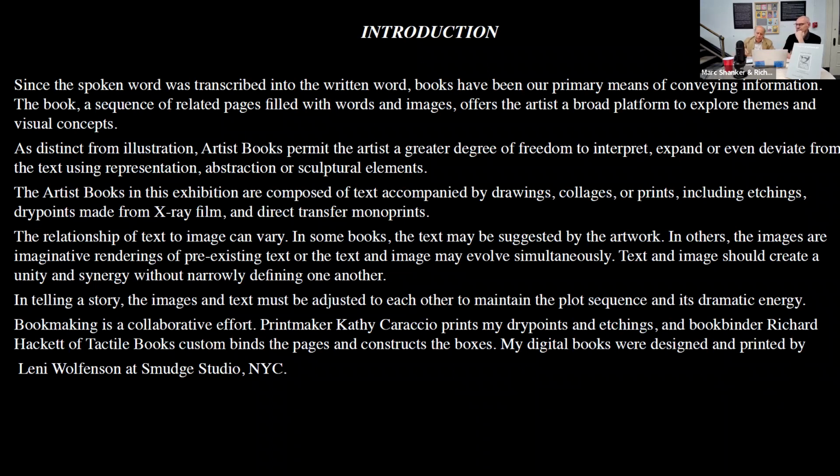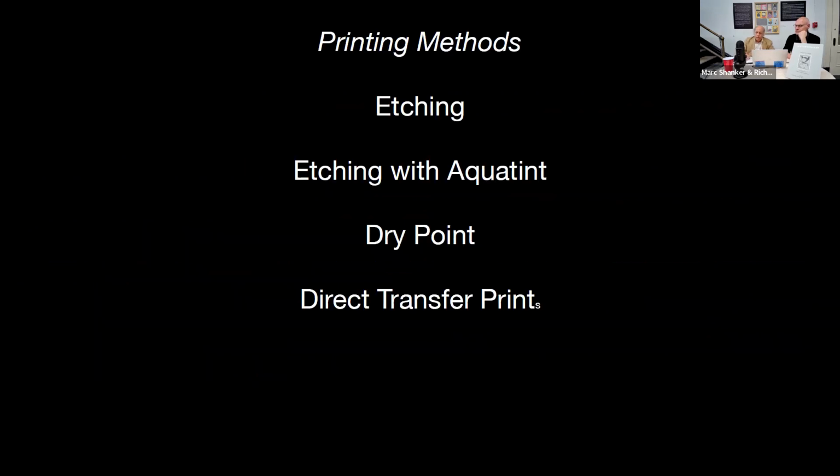So these are the basic printing techniques that I've used for most of my books: etching with aquatint, dry point, and direct transfer print. And you'll see these techniques as we go through the images in this PowerPoint.